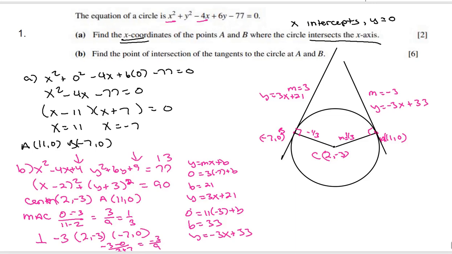Now all I've got to do to find a point where two lines intersect is solve them simultaneously. Basically I'm going to take this 3x plus 21 and make it equal to this negative 3x plus 33.